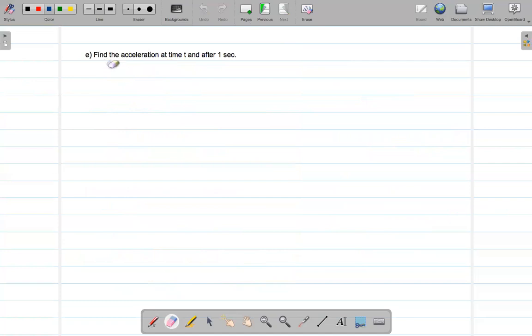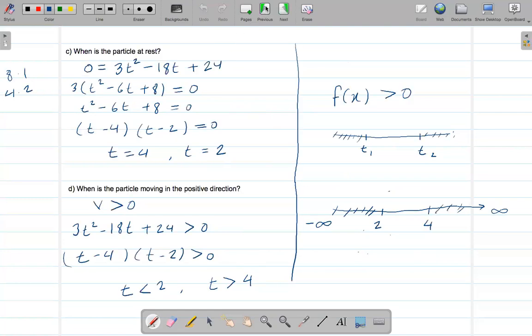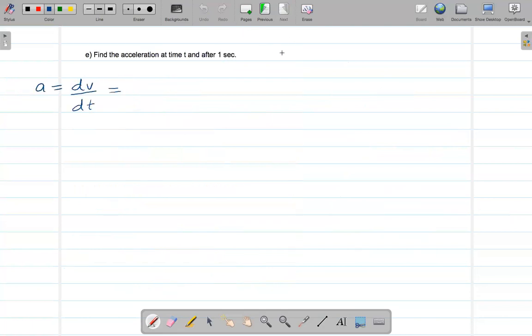Finally, we are working with the acceleration. Find the acceleration at time t. We find the acceleration a by taking the derivative of v. We know v is 3t squared minus 18t plus 24, so I need to take the derivative of this.